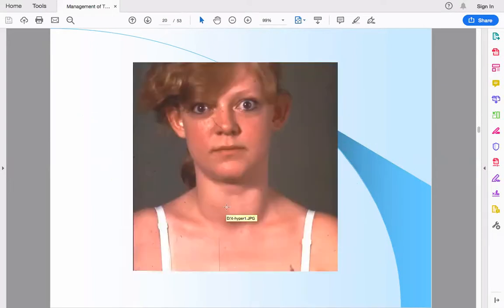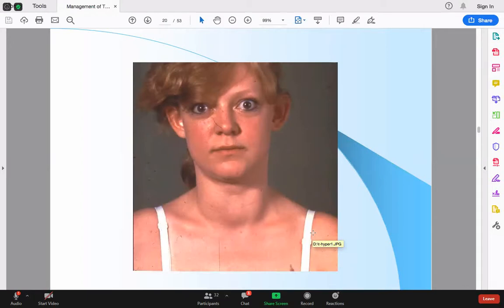Again, what do you see abnormal in this picture? Exophthalmos. Okay, goiter. Okay, I agree with goiter.